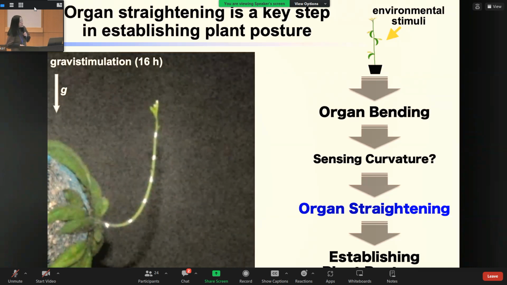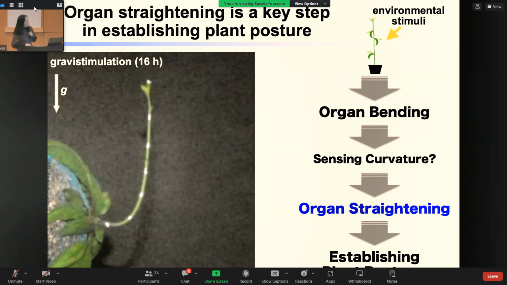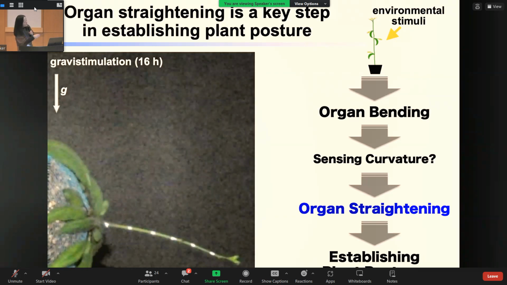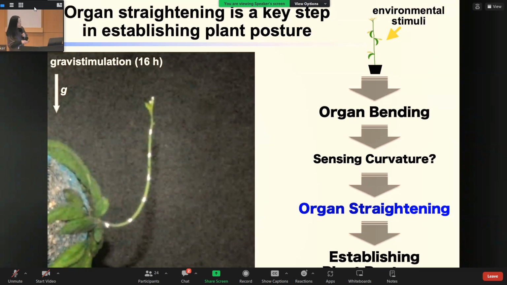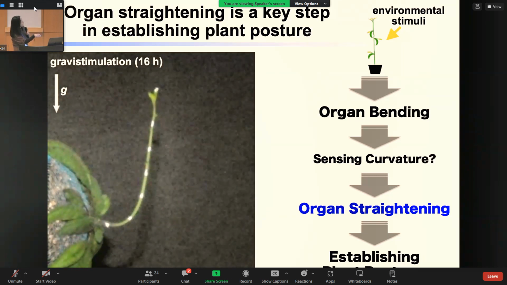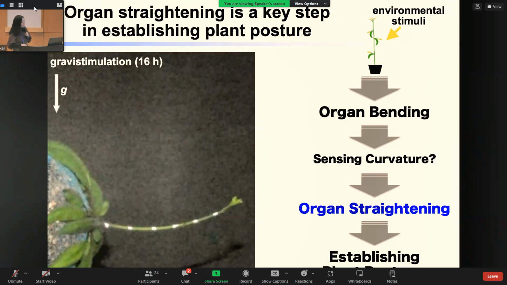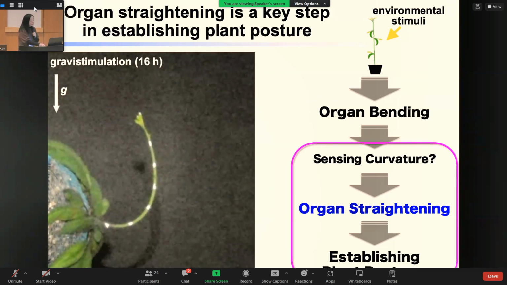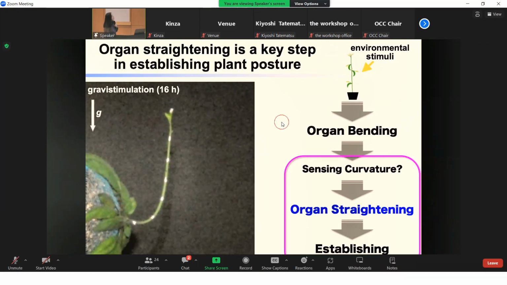Environmental stimuli, such as gravity, as shown in this movie, induce organ bending. Plants restore their posture by organ straightening, probably after sensing curvature. We think that organ straightening is a key step in establishing plant posture.